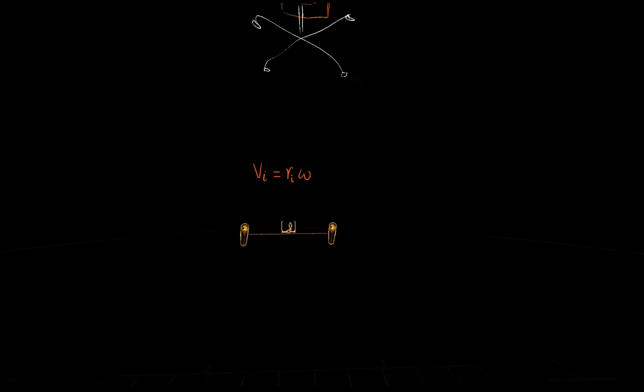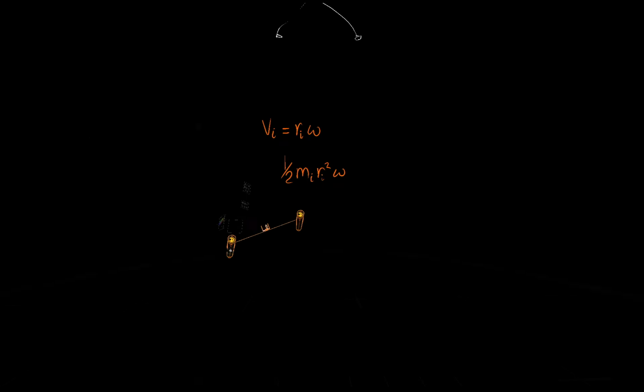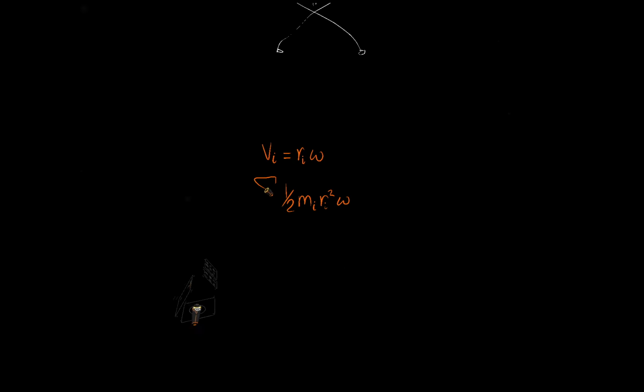And so our 1/2 mv squared for kinetic energy actually becomes 1/2 m_i r_i squared omega squared. And the total kinetic energy of the body is the sum of kinetic energies of all of its particles. And so that would be the sum of this over all i.